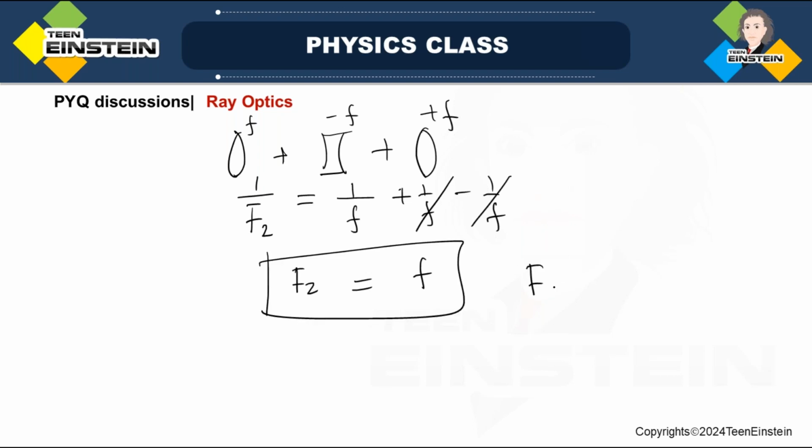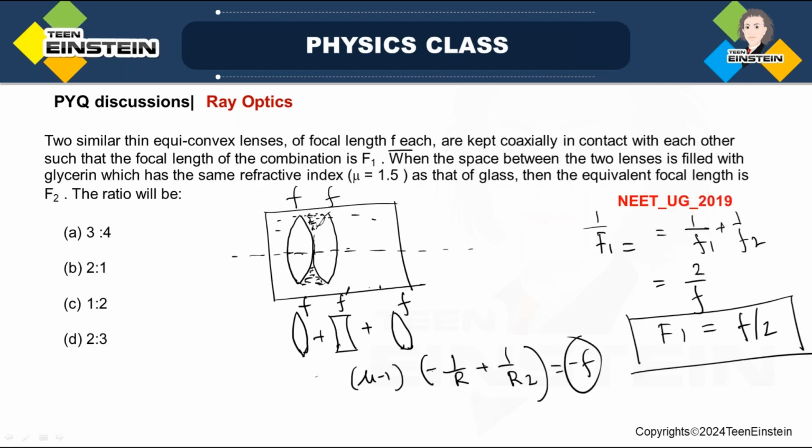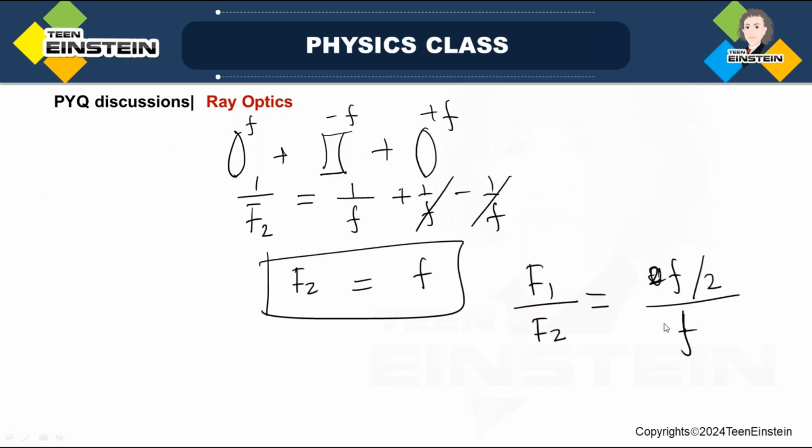So I have to find out the ratio of f1 by f2, that is f by 2, and this is f. Yes, f by 2 by this. So what I get? I get f1 by f2 as 1 by 2. That means f1 is to f2 is equal to 1 is to 2.